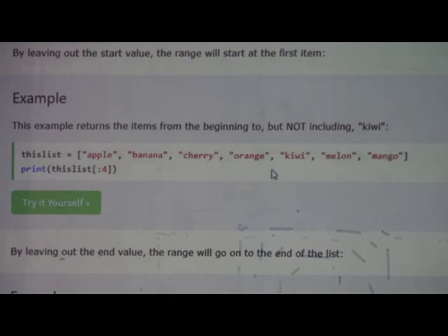Got it? Easy to understand. And same way, you can have the starting index but not have the ending index. Then it would start from there and take the entire list till the end from that element.